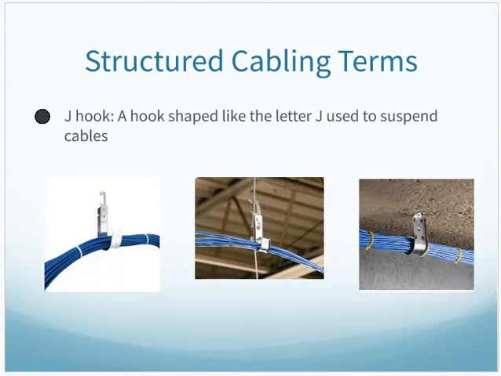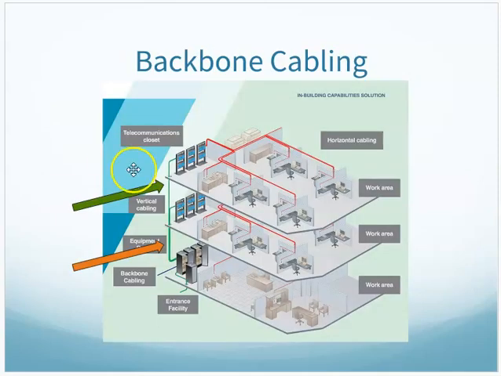They mentioned J-hooks. J-hooks get used to support small bundles of cabling. If I look back, let me look up here. The horizontal cabling coming down the hallway is a large bundle being supported in a tray. Once 2 or 3 pieces peel off and go into a room, they're typically going to be supported by just a J-hook.